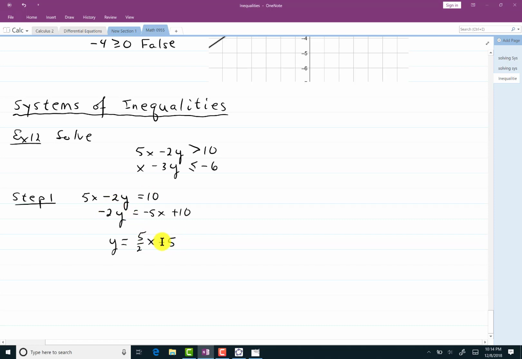So there's one line. The y-intercept is 0, negative 5, and the slope is 5/2. I'll do exactly the same thing for the other line. And then I'll divide by negative 3.